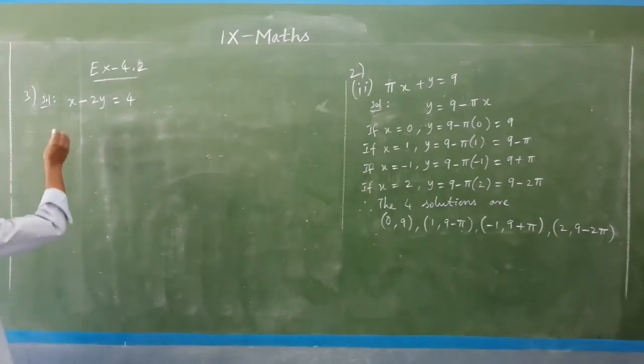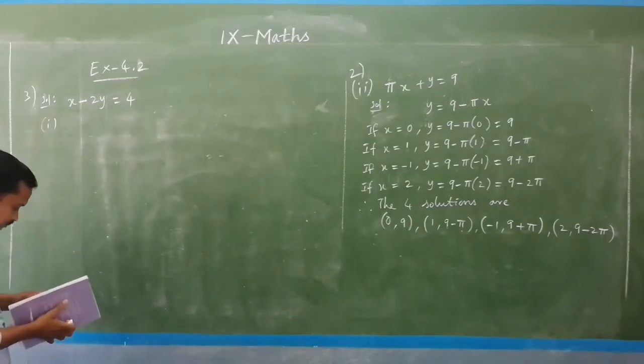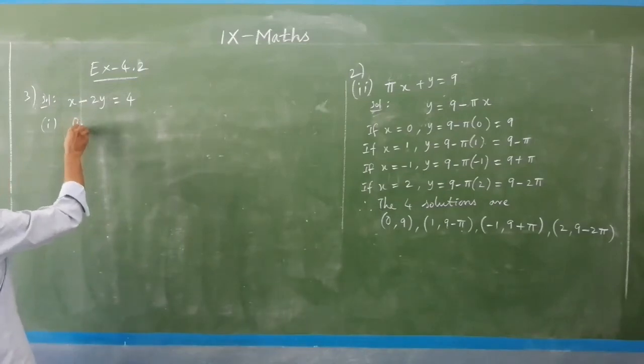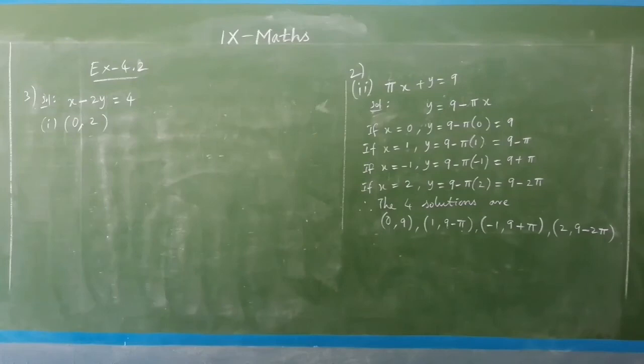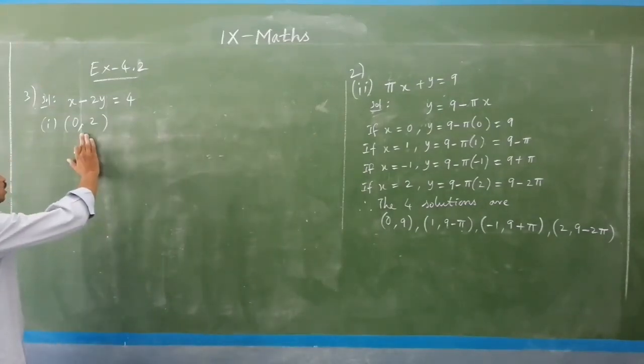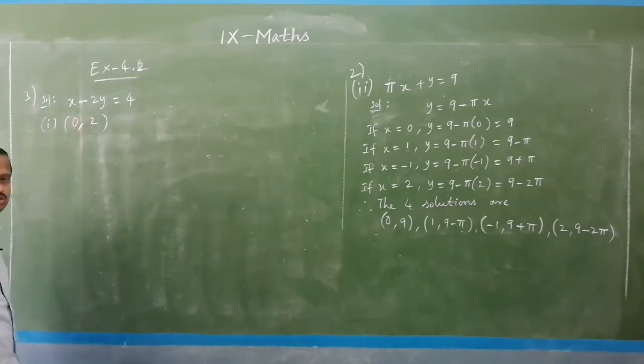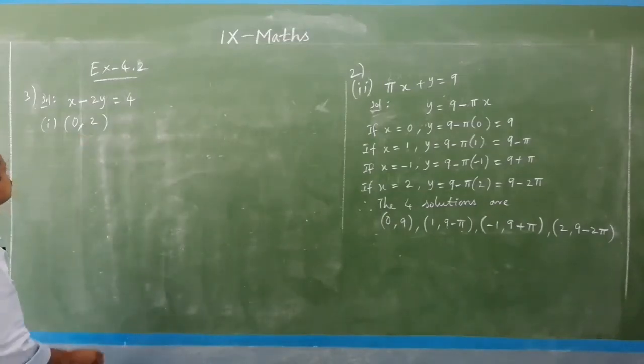First option, we are given 0, 2. This is one point given, and you have to substitute this point in this equation, and if it satisfies, then we can say this point 0, 2 is a solution, otherwise not.